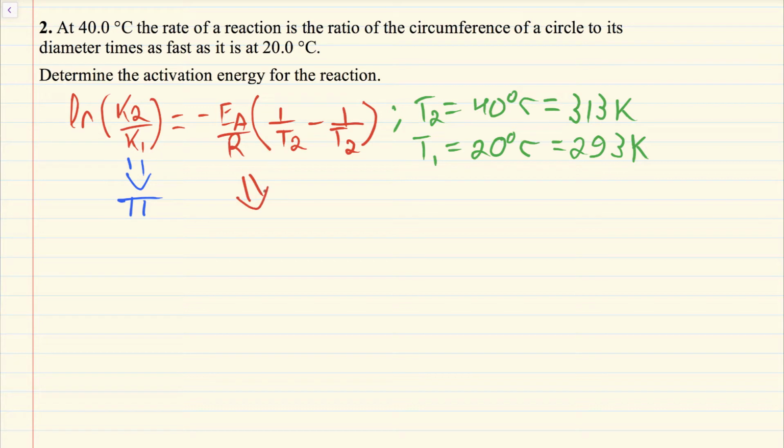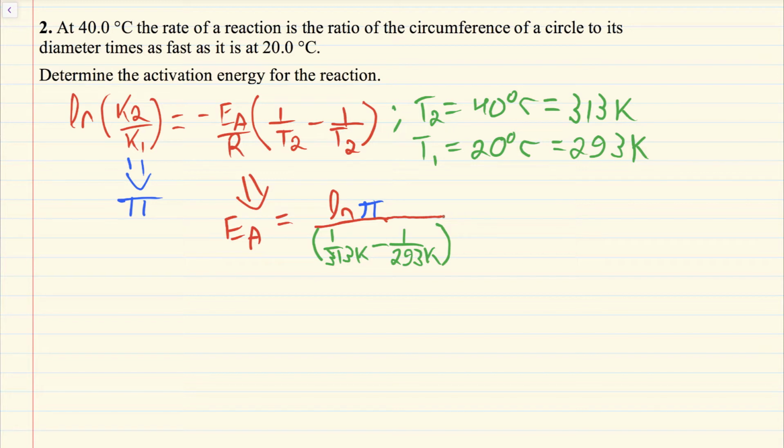So when we rearrange to solve for activation energy, we get that the ln of pi divided by our delta X, so 1 over T2, 313 Kelvin, minus 1 over 293 Kelvin, multiplied by our gas constant R. So we know that the gas constant is equal to 8.314 joules per mole Kelvin.